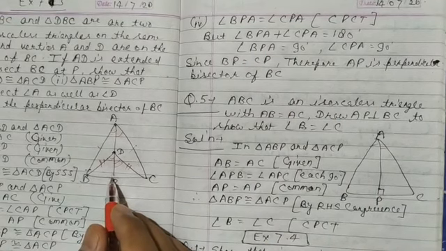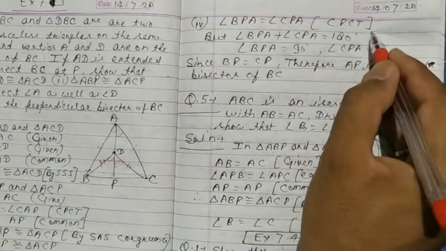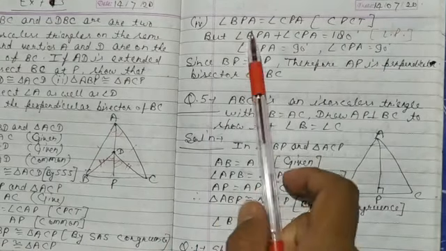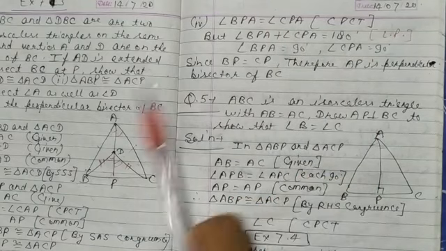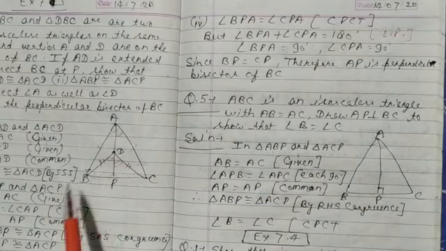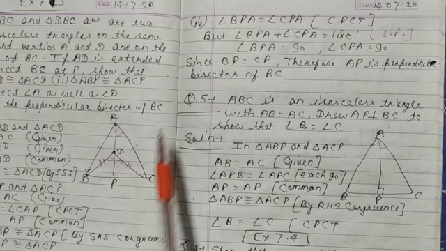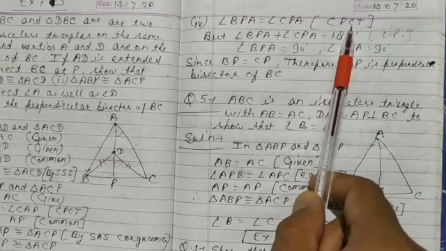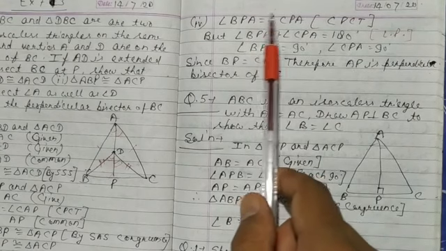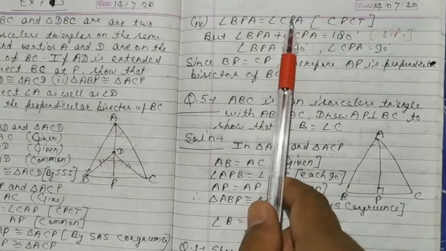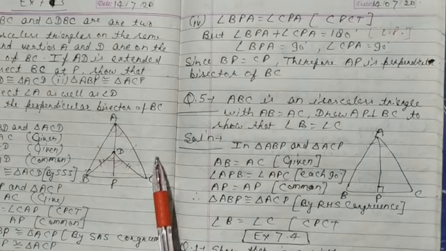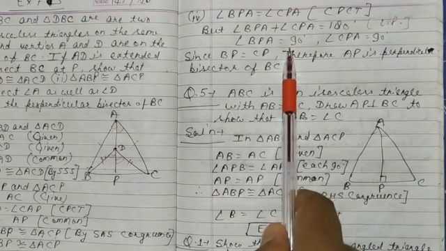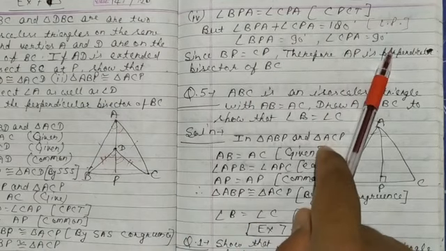So these two angles are a linear pair, and we already know the sum of a linear pair is 180 degrees. So the sum of both angles is 180 degrees because these two are a linear pair. By CPCT we know both angles are equal, and the sum of both angles is 180 degrees. So angle BPA equals 90 degrees, angle CPA equals 90 degrees.